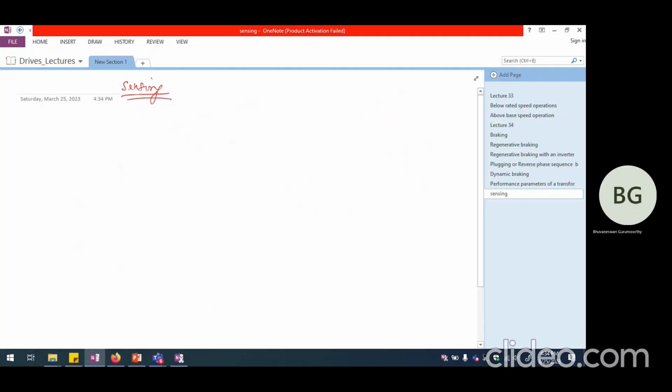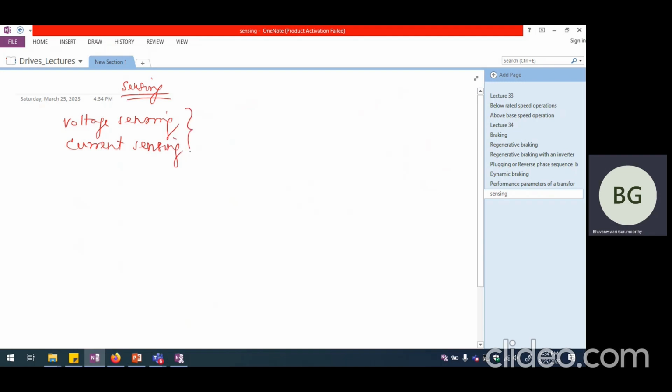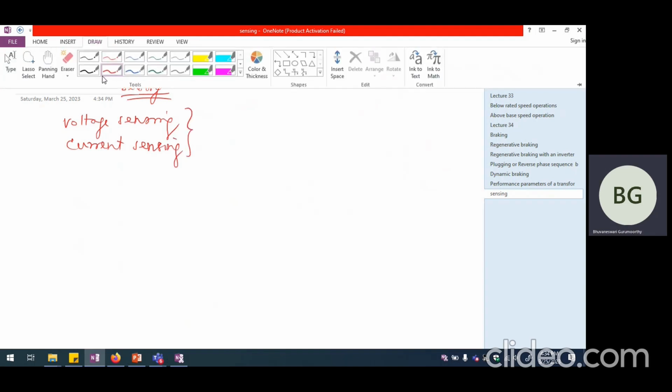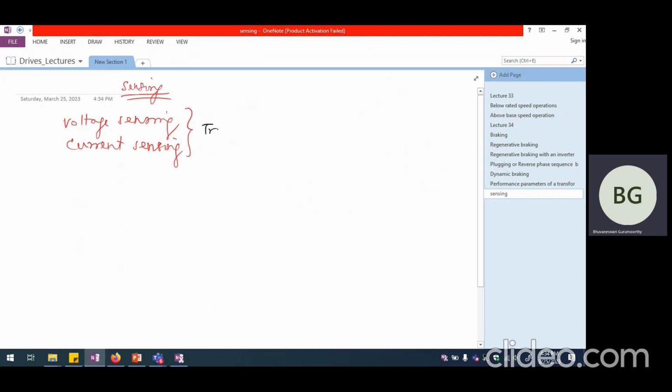So we had been talking about voltage and current sensing, and we said that for both we will require a transformer for stepping down either the voltage or current before it is actually measured or sensed.